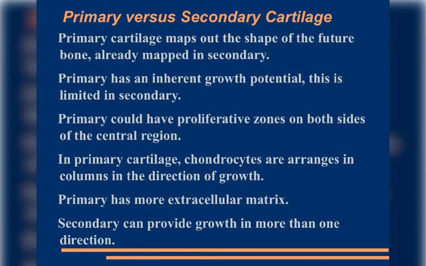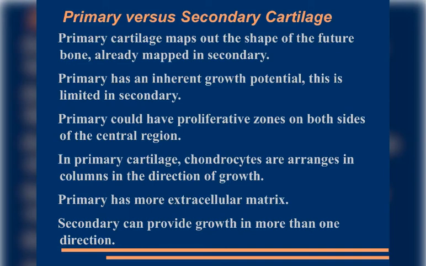Primary cartilage has an inherent growth potential, and this growth potential is limited in the secondary. Primary could have proliferative zones on both sides of the central region. So in long bones, we have a shaft of the bone and two ends.